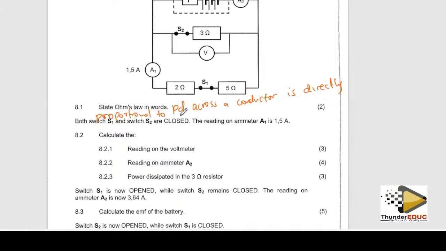To the current, across the same conductor at a constant temperature. So that is Ohm's law. Then if both switches S1 and S2 are closed, the ammeter reading A1 is 1.5. Can we get the reading of the voltmeter?